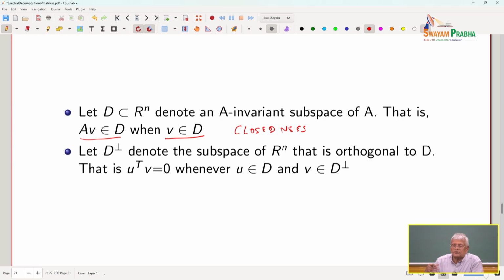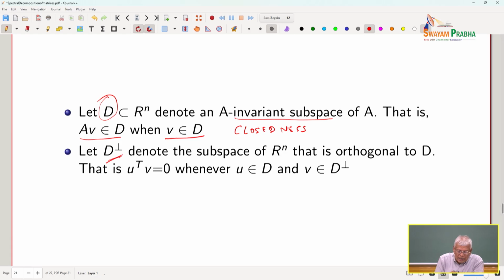That means the real number system is closed under addition and multiplication. So, if the set D is such that when I pick a vector from D and multiply by A, the resulting vector also belongs to D, it falls back on the same space D. Such spaces are called invariant subspaces. Invariant subspaces are characterized by a sense of closedness.